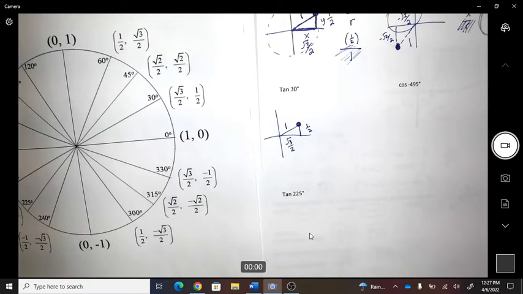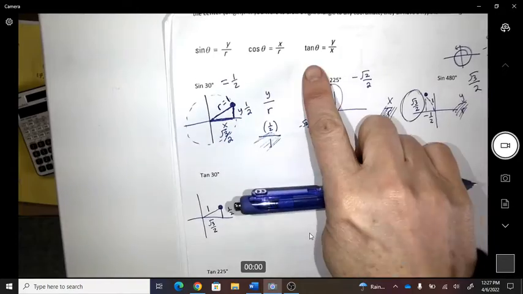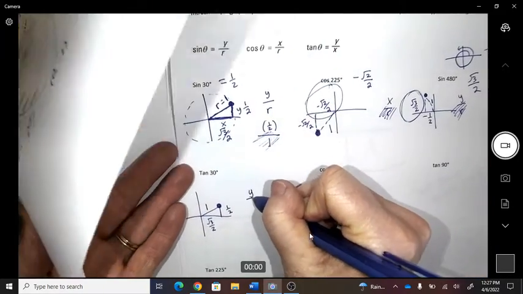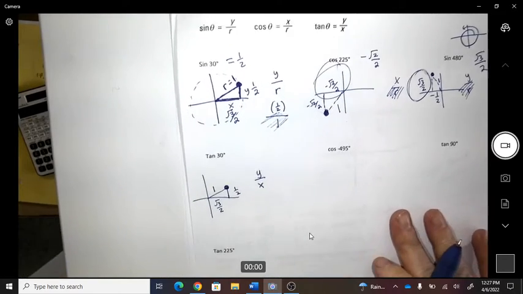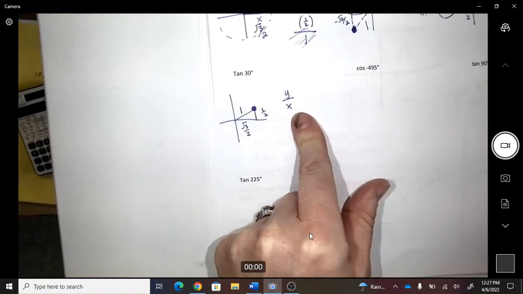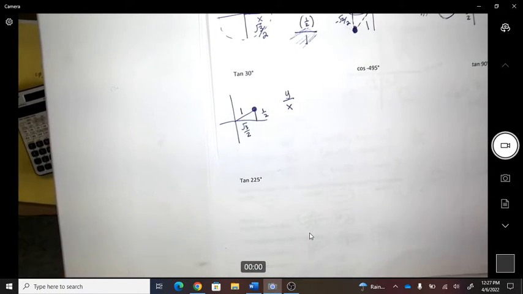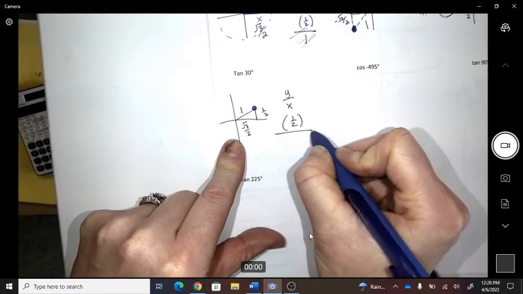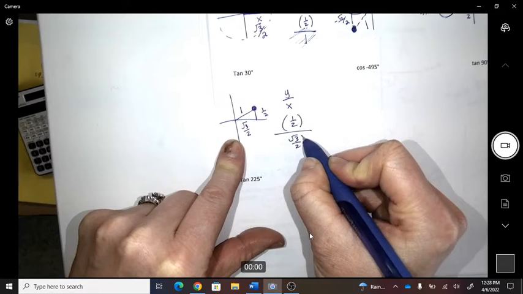Okay, what is tan all about here? A y divided by an x? Okay, tan is not as easy. I can't just cross out anything, right? I don't have that r. So we have to do it. So 1/2 divided by root 3 over 2.